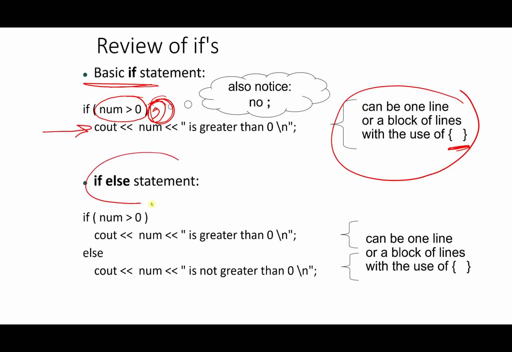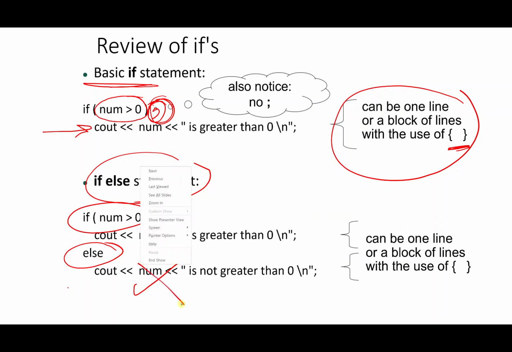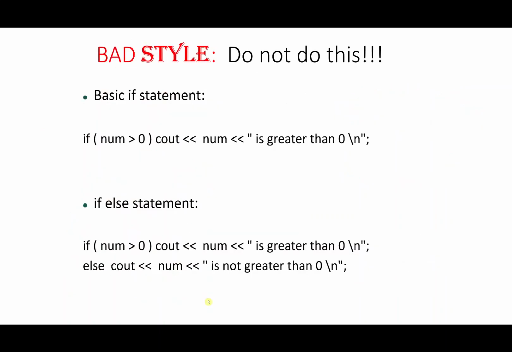Now the if-else statement is if followed by the else. This is going to be executed if the Boolean expression evaluates to true. This is executed if the Boolean expression evaluates to false. One of the bad styles is to have everything in one line, whether it's a basic if statement or if-else statements like this.